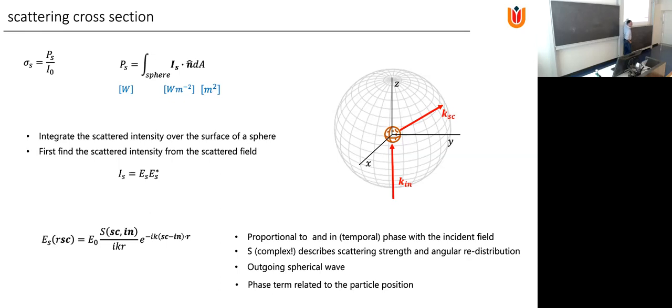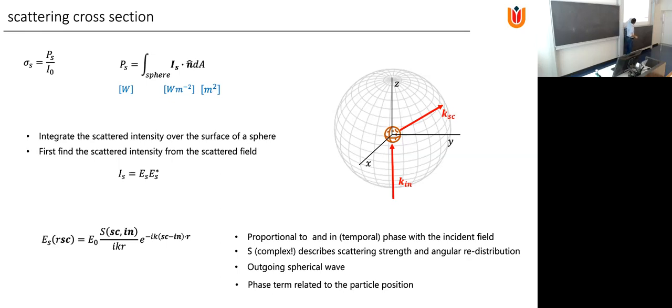This is proportional to the input field, the incident field. It is inversely proportional to the distance, so that if we square it, it will be inversely proportional to the distance squared, which means it will be a spherical wave as it propagates. The wave number k is in here for normalization. There is some imaginary number i in here for convenience. It does not really matter.